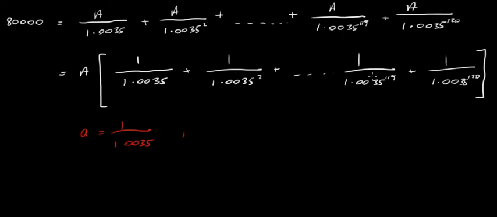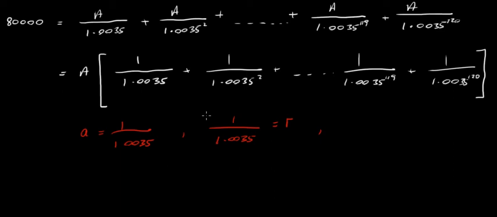Well, it's just 1 over 1.0035. Because I have this, I'm squaring it, then I'm multiplying it by 1 over 1.0035 again, and so on and so on. So if I multiply each term by this here, I get the next term. So this is my common ratio.